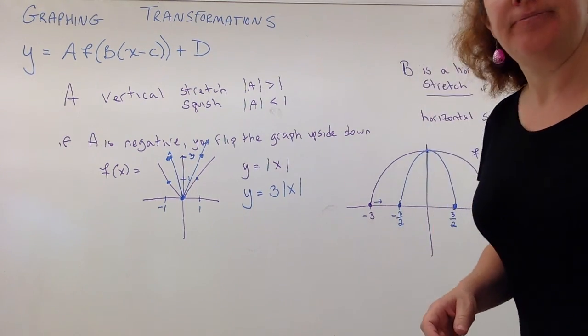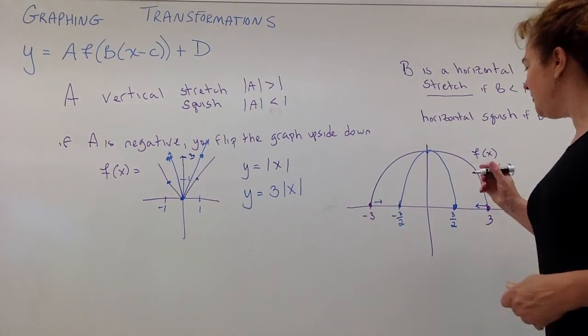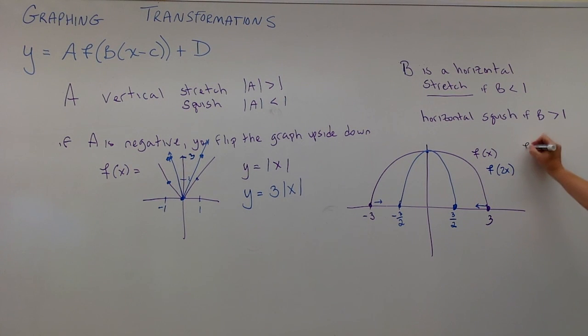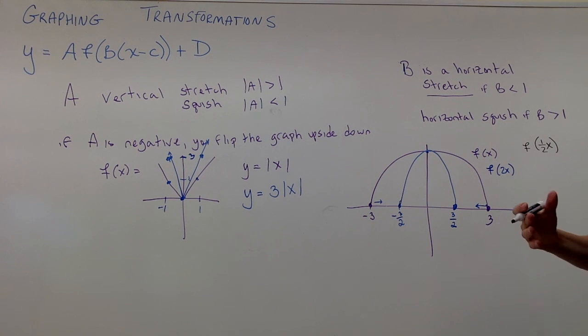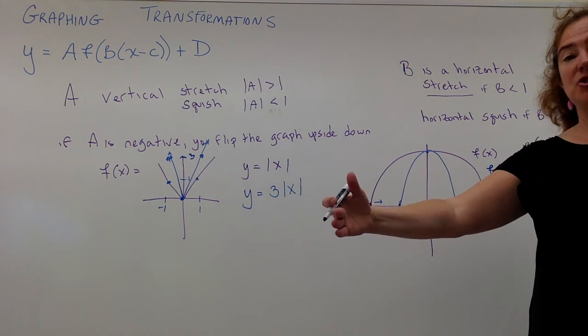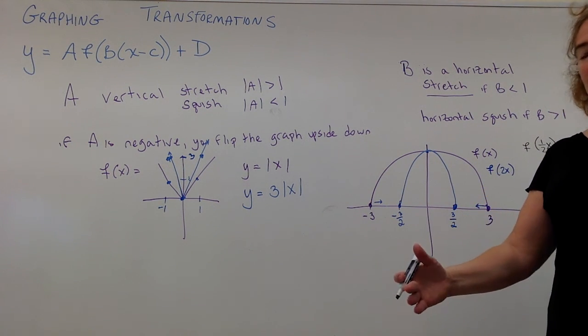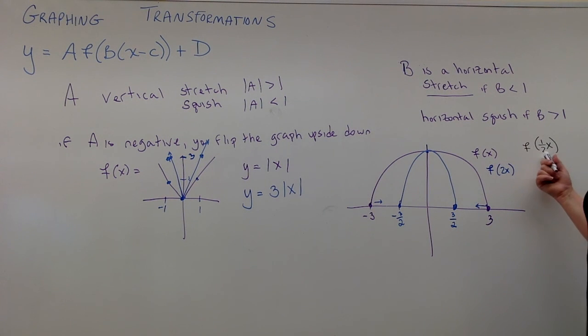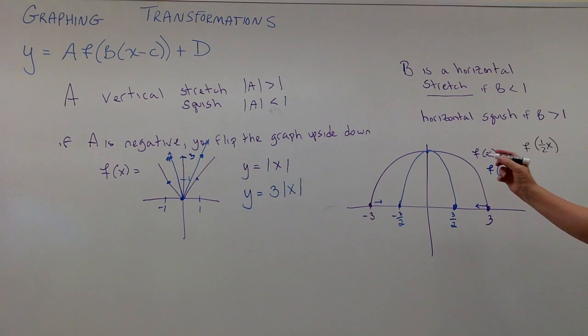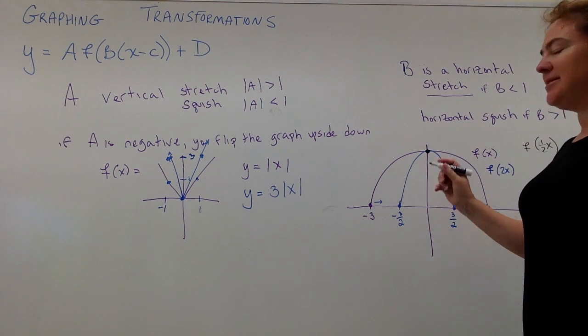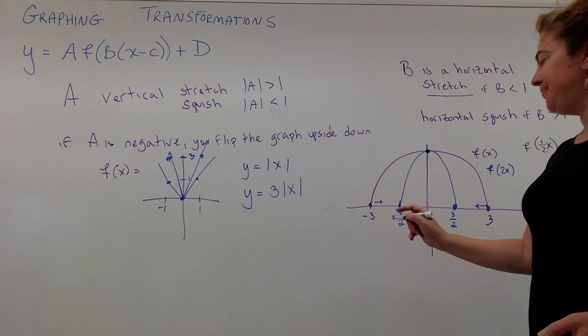Similarly, if I want to know what about f of 1/2 x, well, that's going to stretch this by a factor of 2. So again, I divide by a half or multiply by a reciprocal. So anything on the y-axis again is my anchor point.